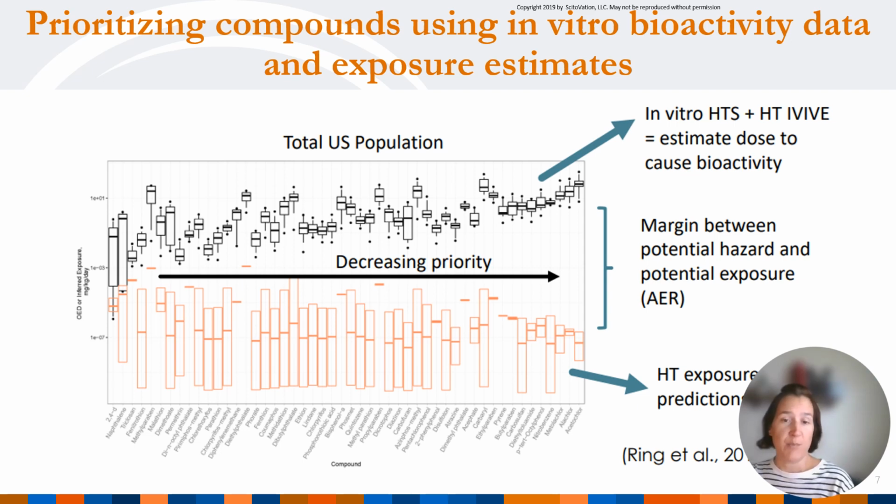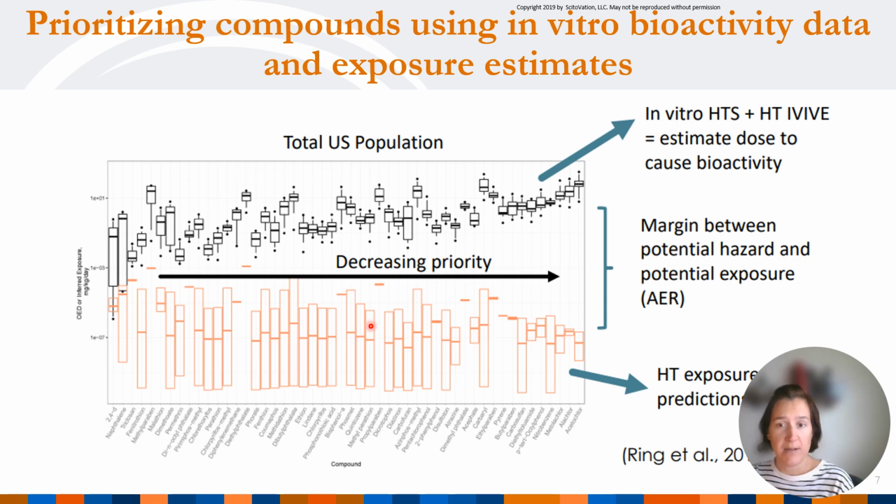So here is an example of the use of a simple PK model. We can use them to prioritize compounds using in vitro bioactivity data and exposure estimates. In this example, taken from Ring et al., you can see on the top the results of in vitro high throughput screening assays plus high throughput IVIVE to estimate a dose to cause bioactivity.